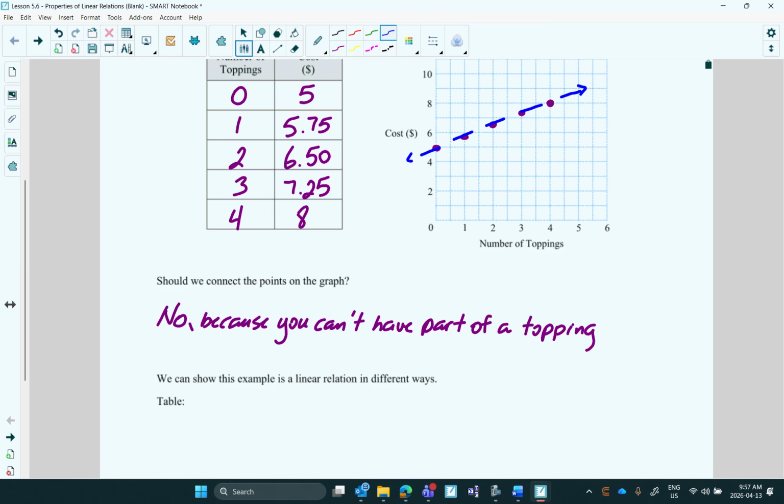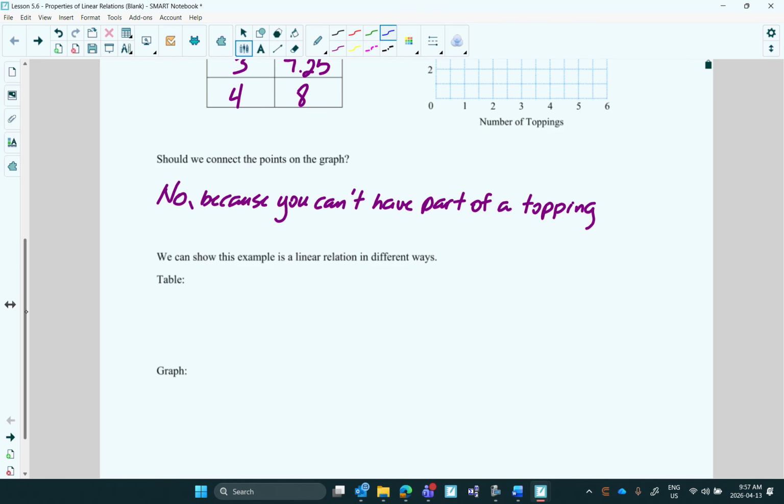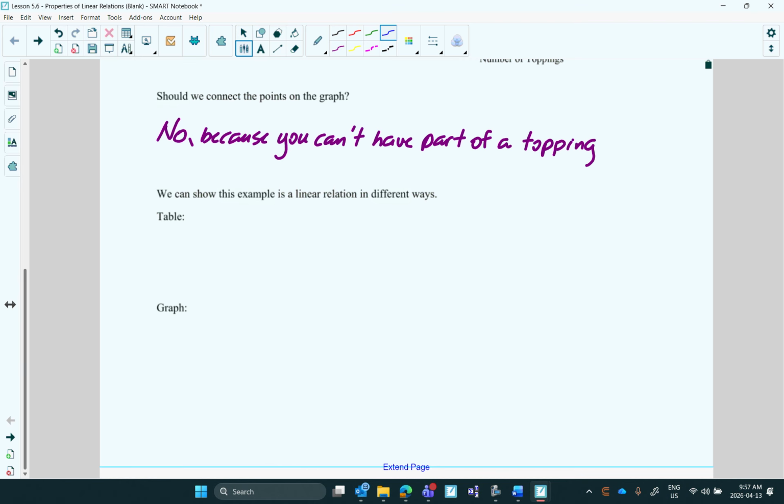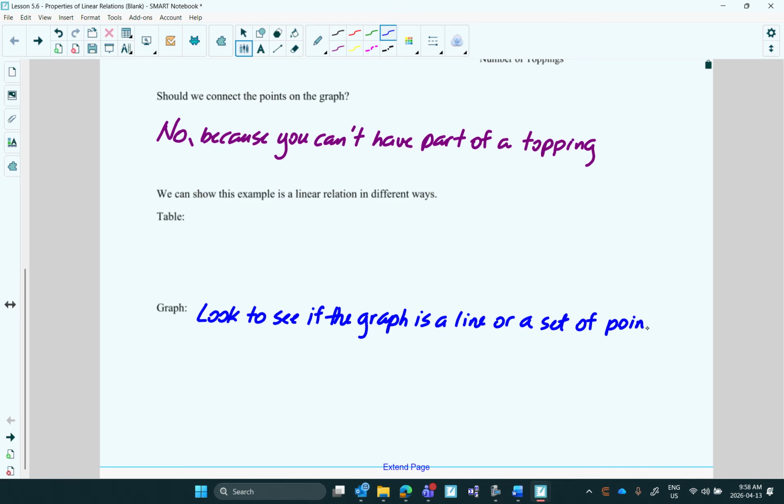Okay? So for a graph, look to see if the graph is already a line, or a set of points that form a line.